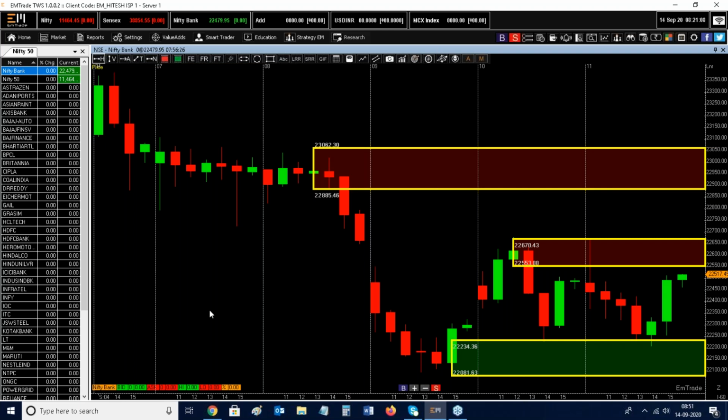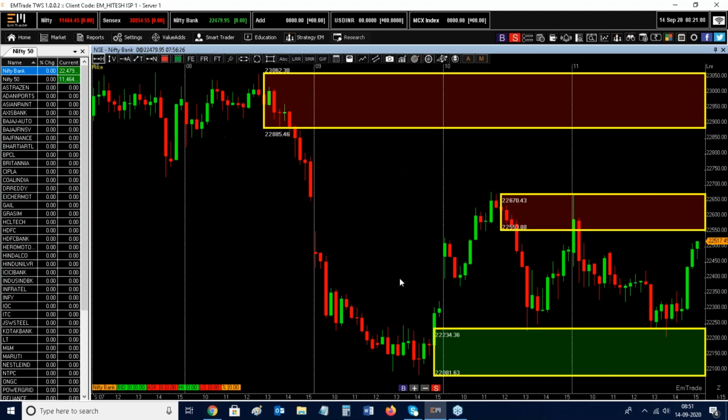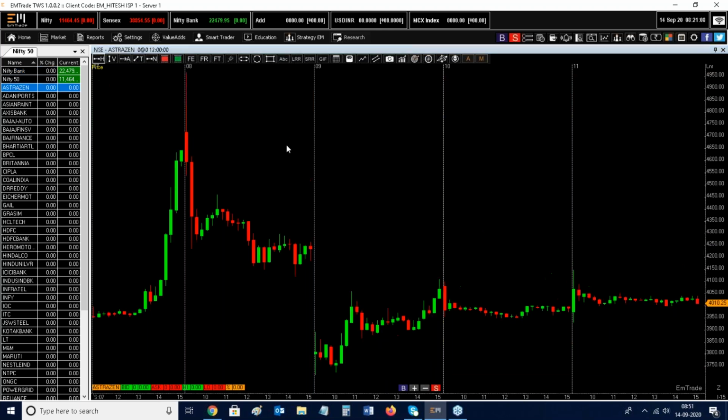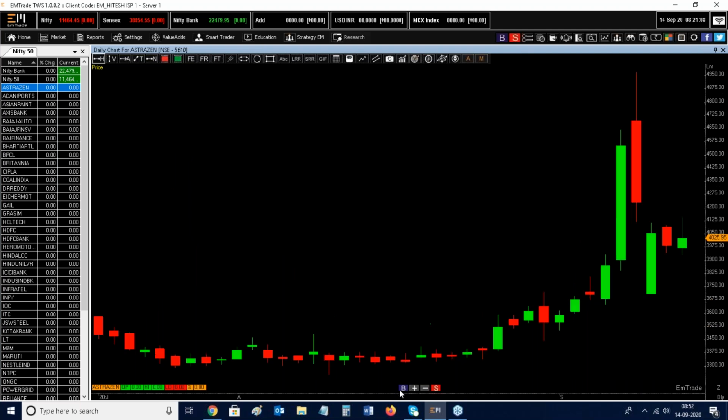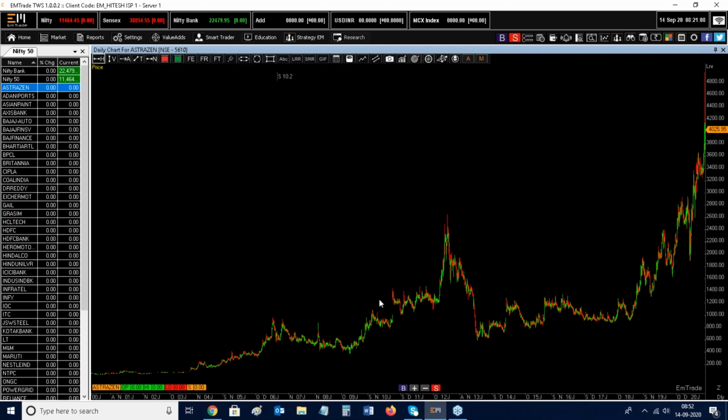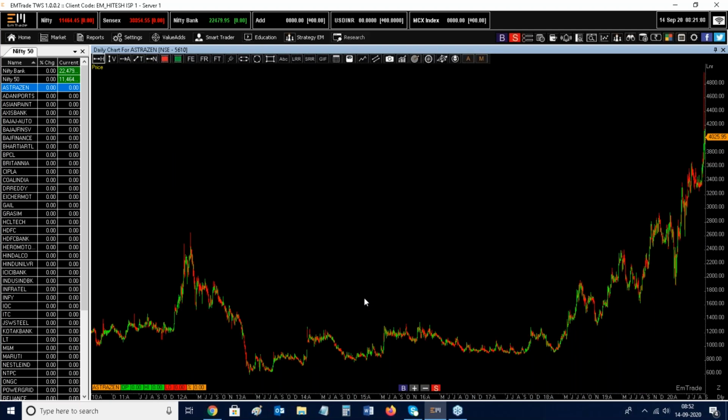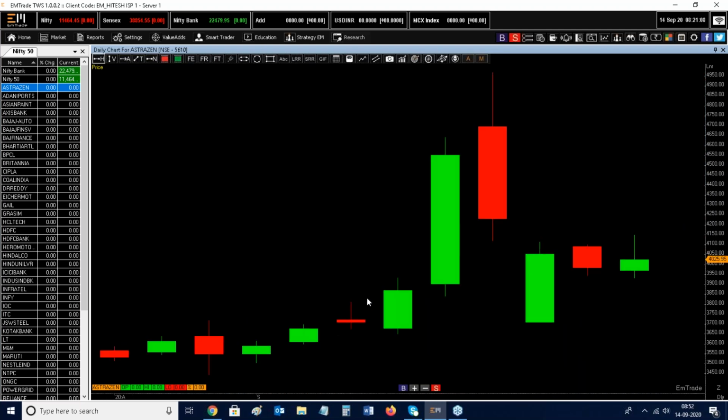So as far as our setups, both on Nifty and Bank Nifty are concerned, we have made and kept them. So there is no change in even your 60 minutes, 15 minutes. Another stock which I was finding interesting was AstraZeneca today. This is the company which is making the COVID vaccine with Oxford.